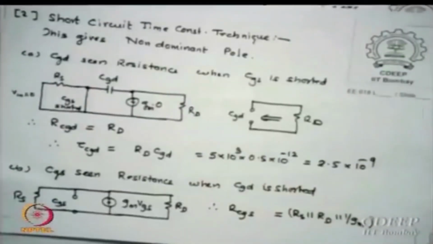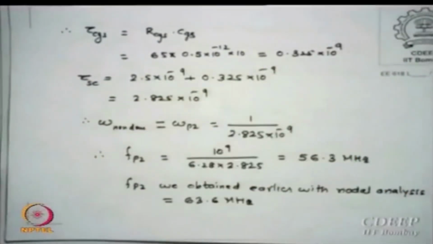If I substitute all these values, for tau CGS I get 0.325 times 10 to the power minus 9. Therefore the short circuit time constant is the sum of this plus CGD, which gives 2.825 times 10 to the power minus 9.